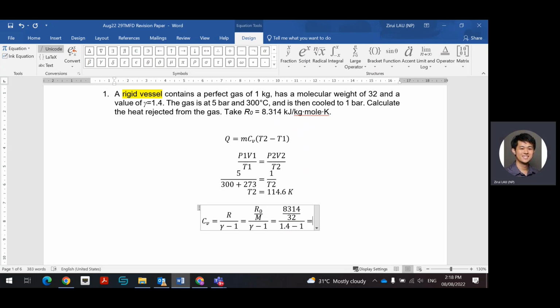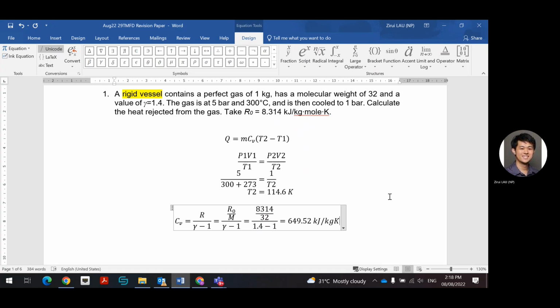So let's go. The answer here will be 649.53 kilojoule per kg Kelvin. Sorry, it's not kilojoule, it's joule.